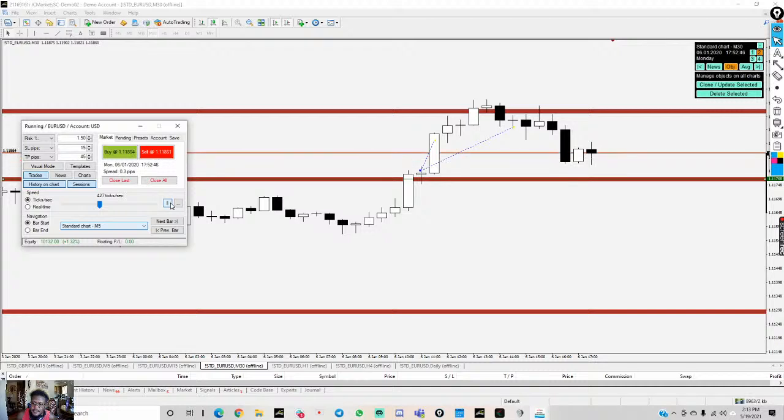Alright, and this could just be a potential break and retest for price to continue to push bullish. So just give me a second, guys.